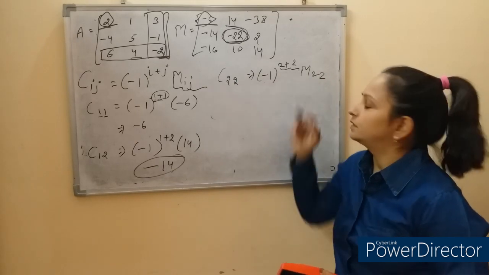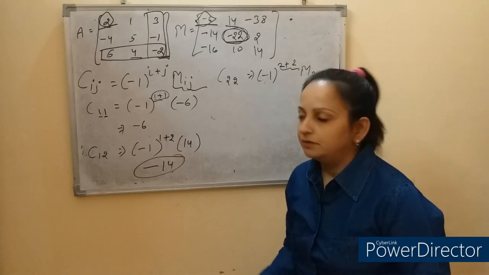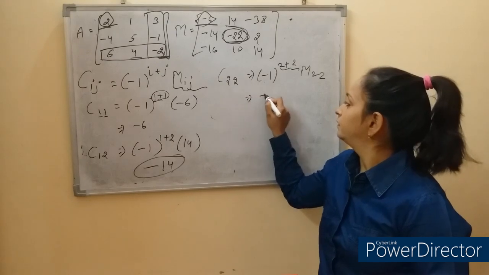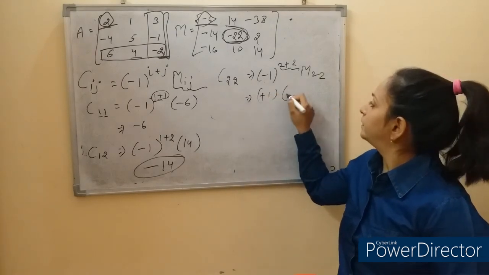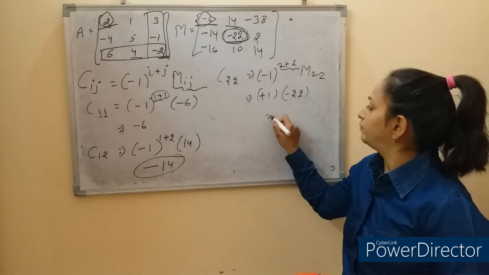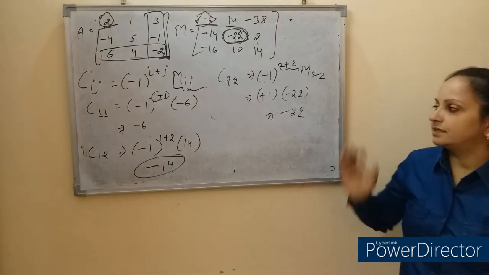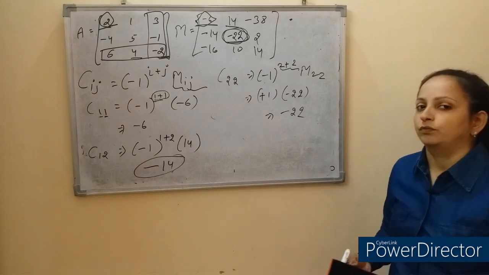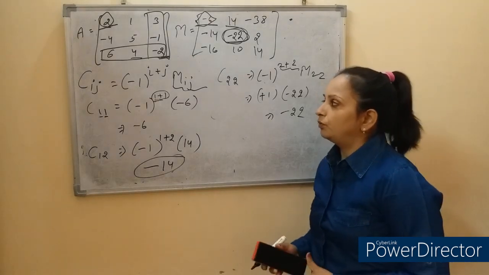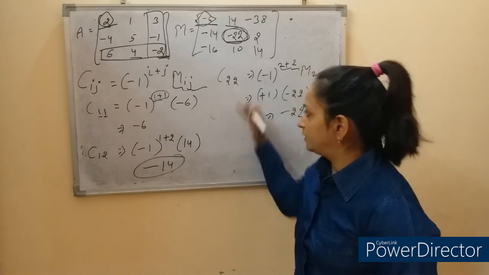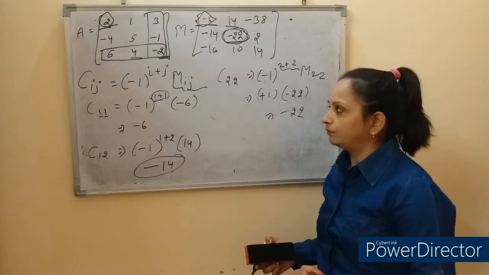So 2 plus 2 is 4 and it's an even number, so it will become plus 1. So plus 1 multiplied with minus 22 will be unchanged, that is minus 22. Okay, so in the same way you can find all the cofactors. I hope you get the procedure to find all the cofactors with the formula.